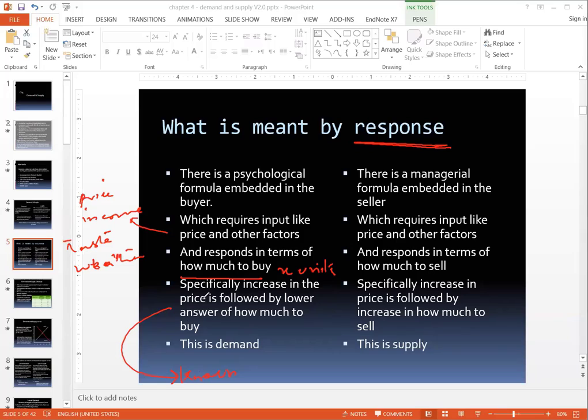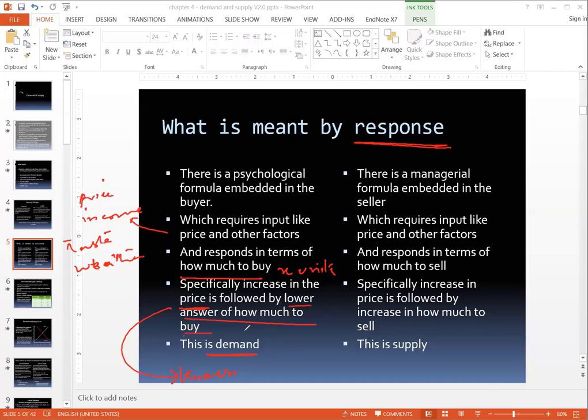That is, an increase in the price is followed by a lower answer. So demand is telling us that we don't know the actual formula, but the only thing we know is that when there is an increase in price, there is a lower answer, meaning how much to buy.